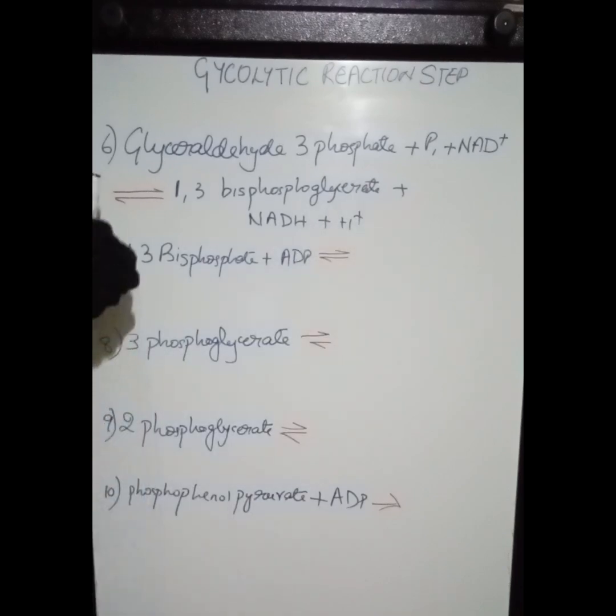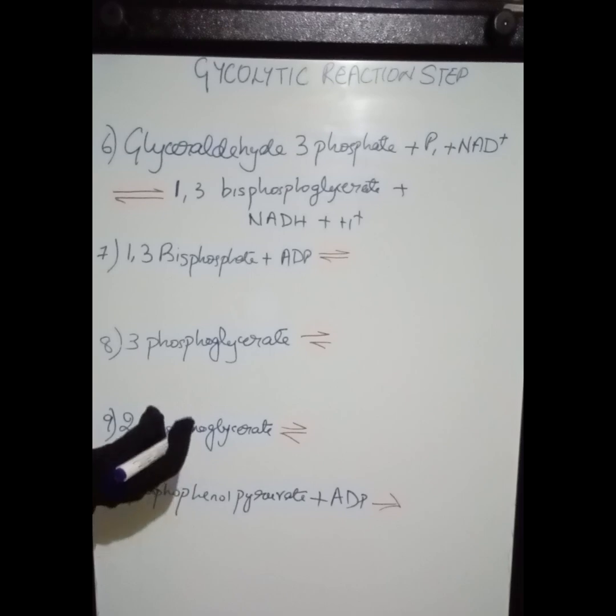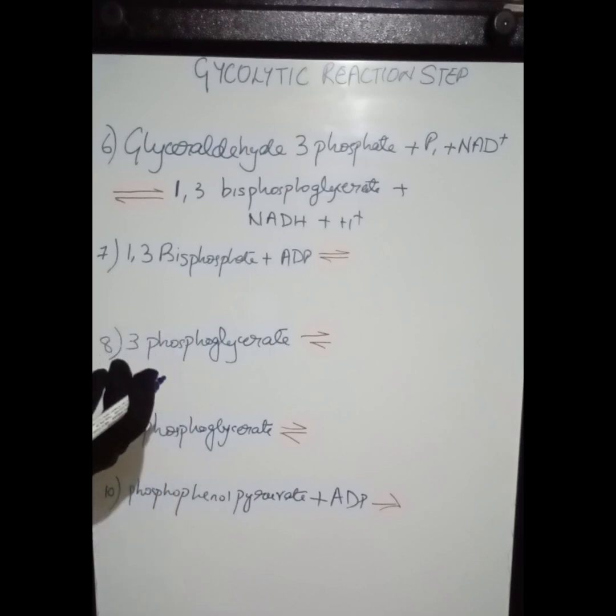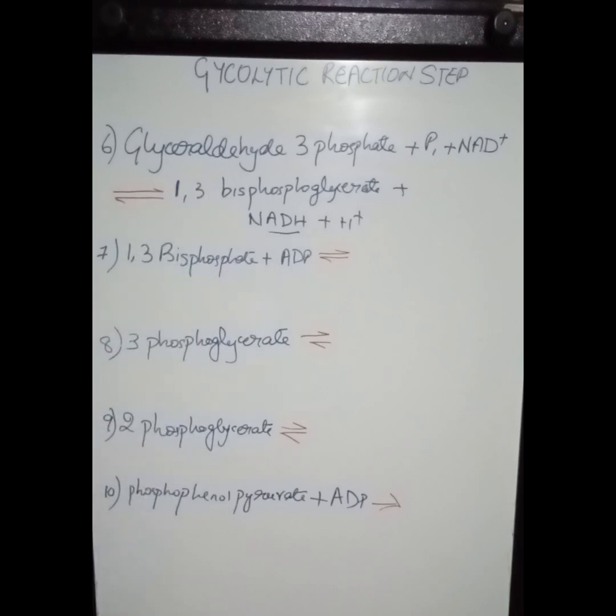This is also a reversible reaction, but from the 6th step onwards, we will see how a glucose molecule starts generating energy molecules. So glyceraldehyde 3-phosphate uses 1 phosphate along with NAD to produce 1,3-bisphosphoglycerate, your first energy molecule NADH plus H plus ions.